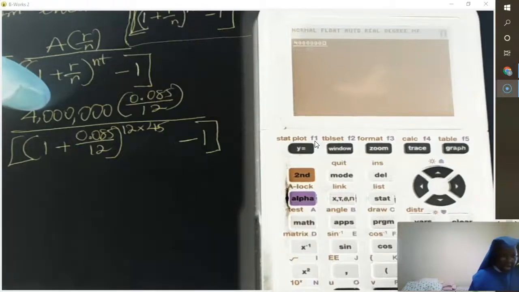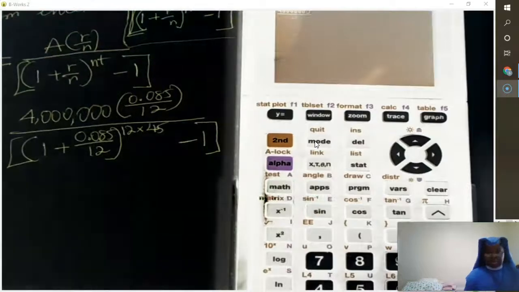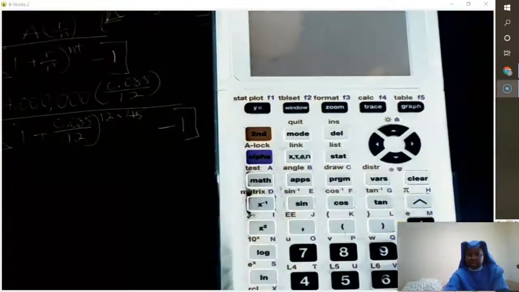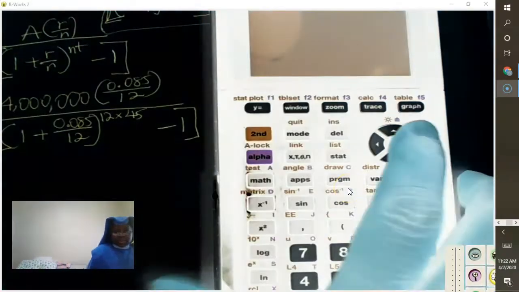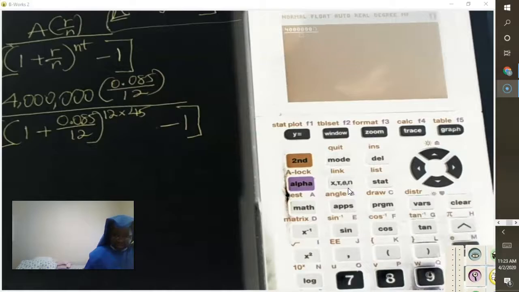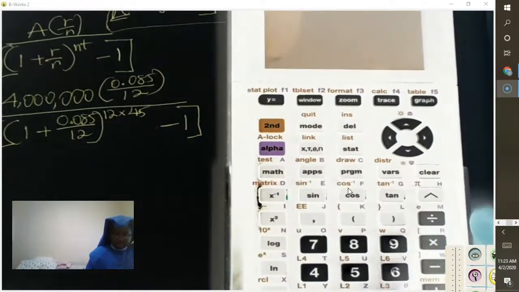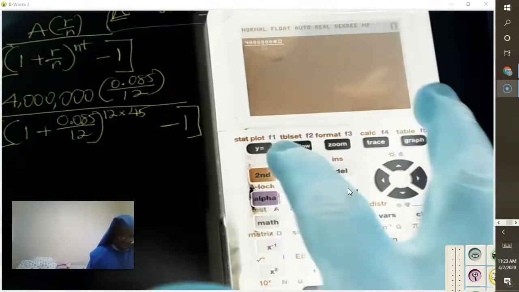Then we use the multiplication times. You can see the calculator there. Then we're going to use another fraction here.